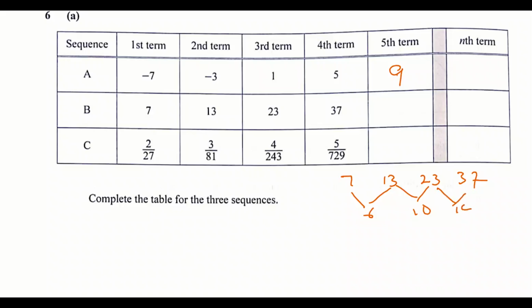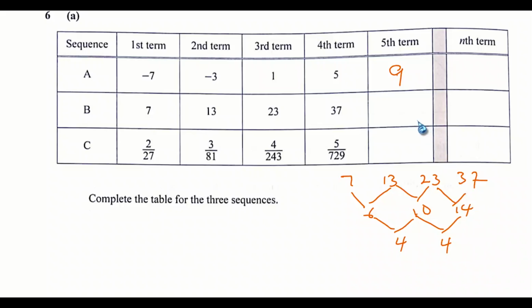So you can see that at the first difference, we don't have a common difference. At the second difference, 10 minus 6 gives us 4, and 14 minus 10 gives us 4. So at the second difference, we have a common difference. That means this is a quadratic sequence.